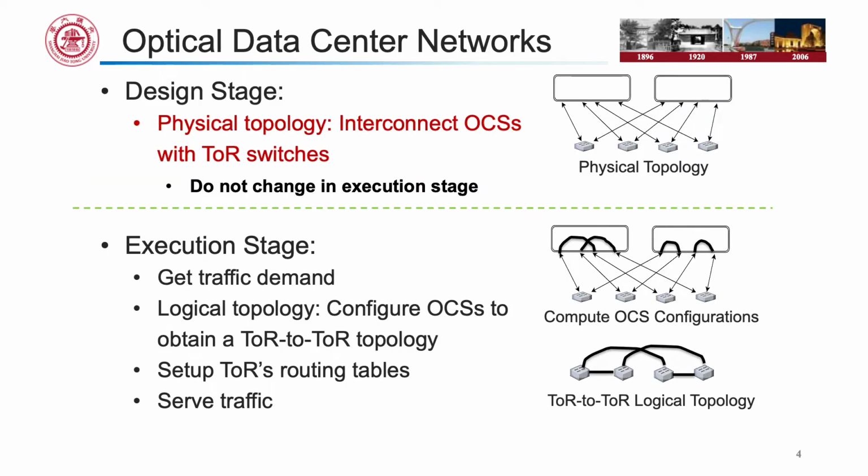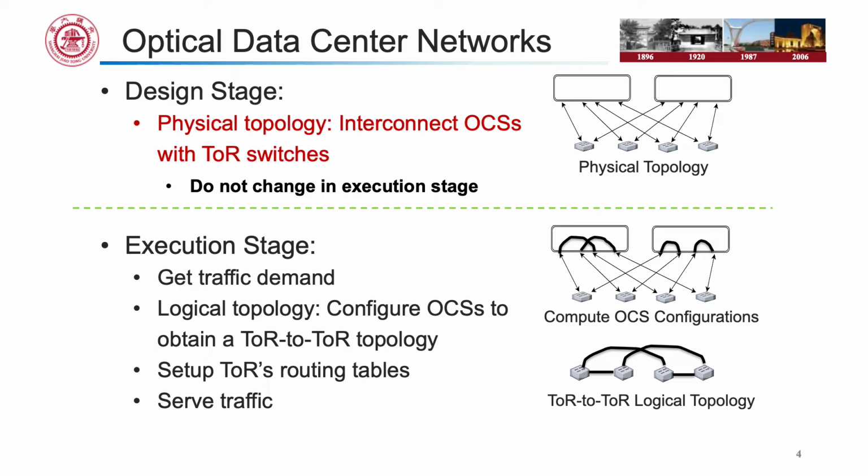Here is the overall workflow to design optical data centers. First, we need to interconnect the OCSs and the TOR switches. This topology is called physical topology. Then we enter the execution stage. In this stage, the physical topology does not change. To run the network, we need to first get the traffic demand.